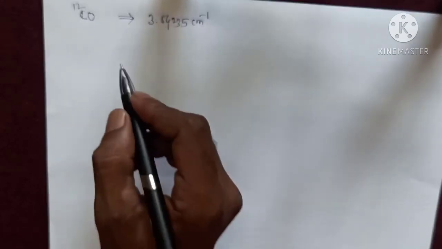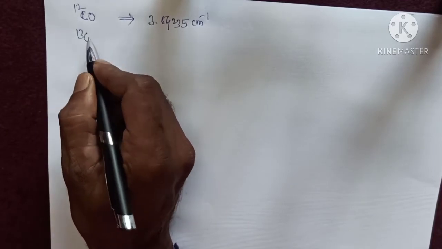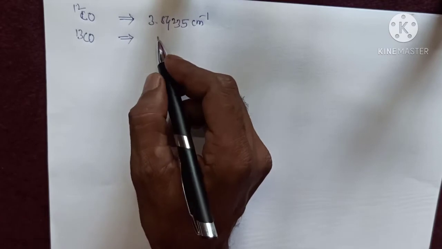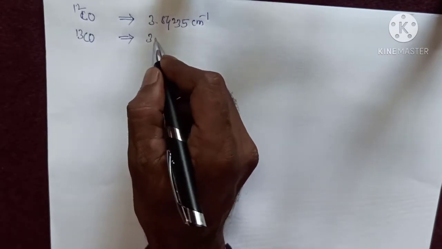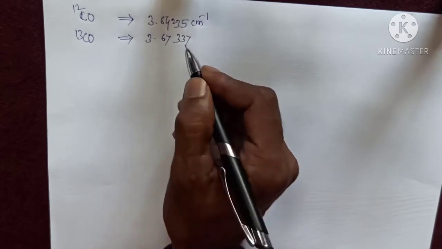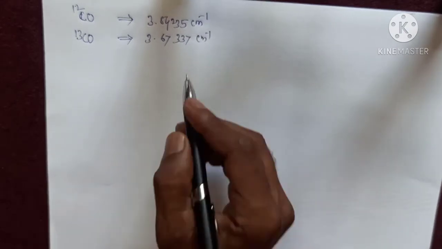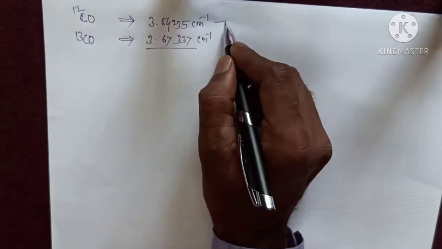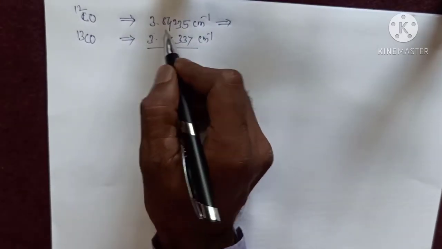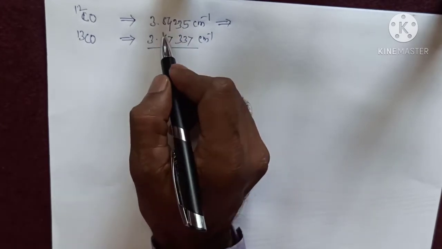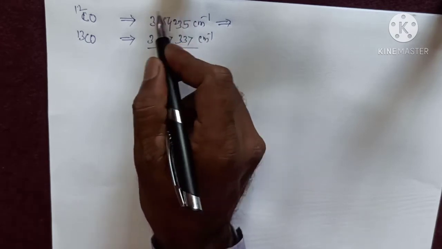And in the case of carbon 13, this value appeared at 3.67337 per centimeter. This is a lower value, right? If this is the first absorption line, then it indicates the value of 2B.